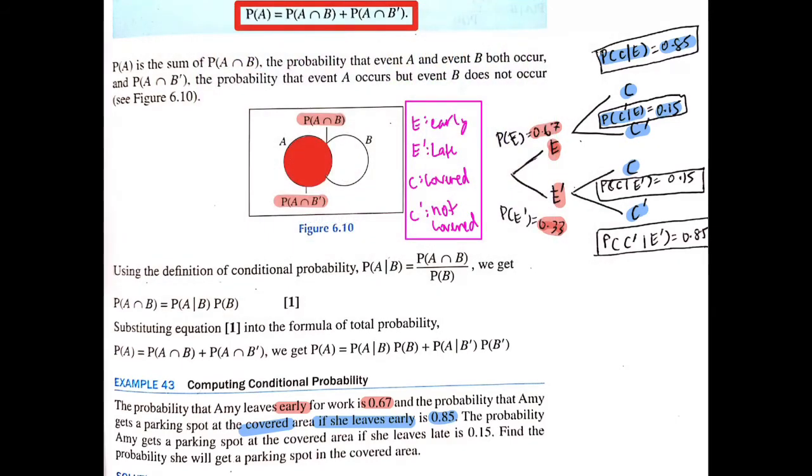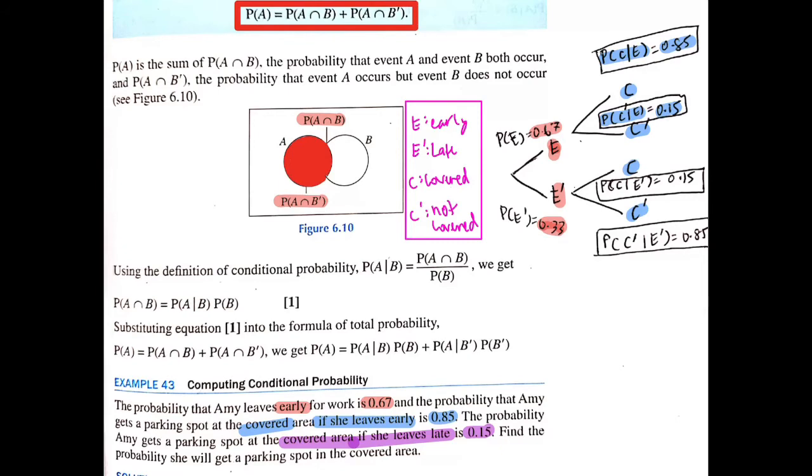Let us read further. The probability that Amy gets a parking spot at the covered area if she leaves late is 0.15. So this is the part where she gets the covered area given she is late.